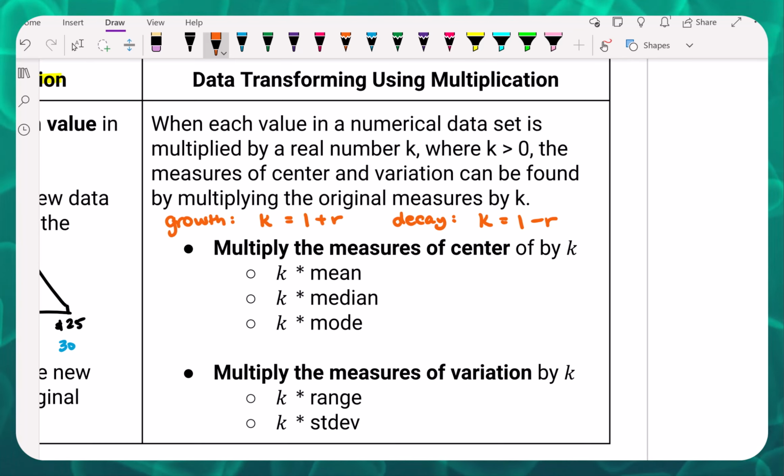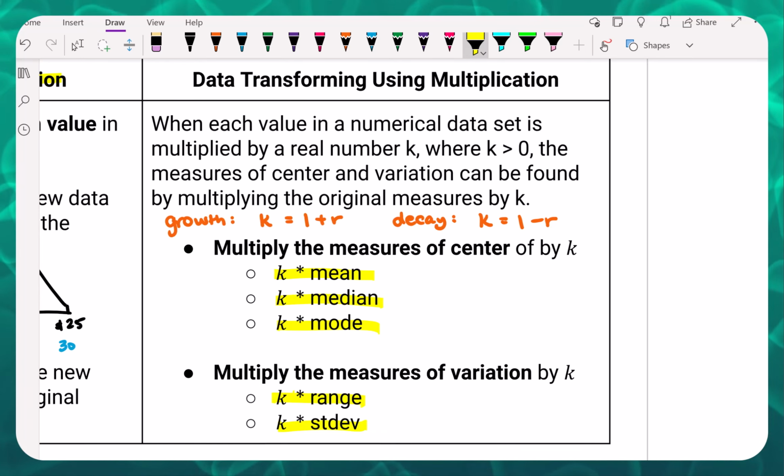You're not really going to have to worry about that so much, but it's mostly going to be growth. So the easy thing about this, though, whatever K winds up being, you're going to equally multiply all of this stuff. So if you wind up growing anything or decaying anything, you're going to multiply every single one of these by whatever that growth or decay is.